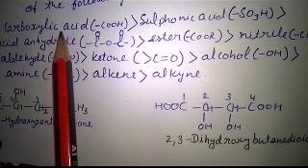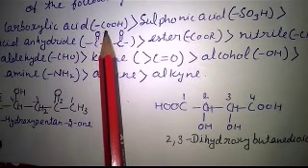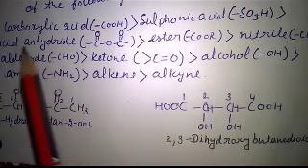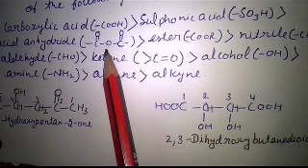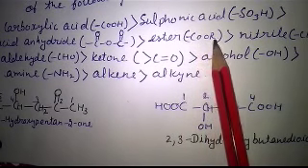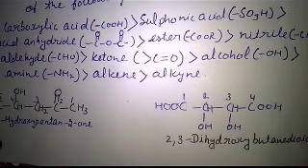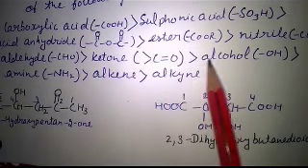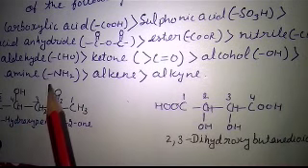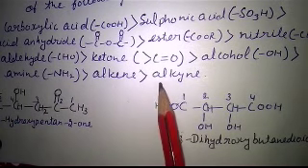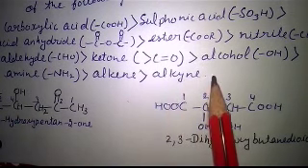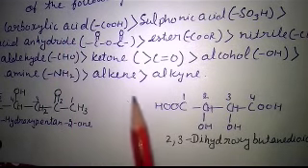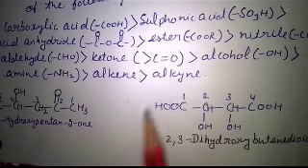Carboxylic acid gets the highest preference, then sulfonic acid SO3H, acid anhydride, ester, nitrile CN, aldehyde CHO, ketone C double bond O, alcohol OH, amines NH2, alkene and alkyne. From this order we have learned that carboxylic acid gets maximum preference and alkynes get least preference.